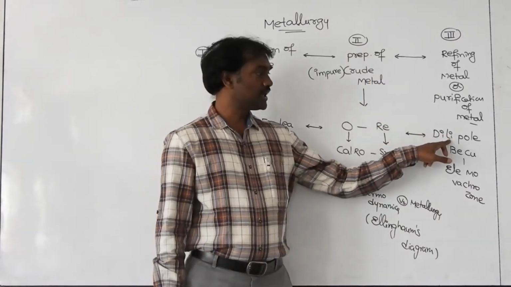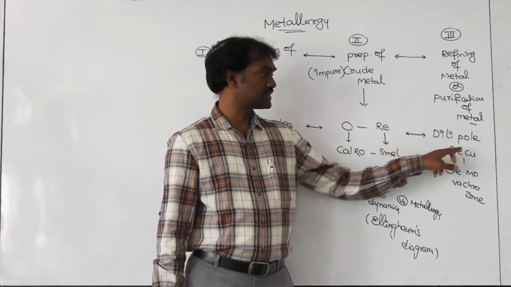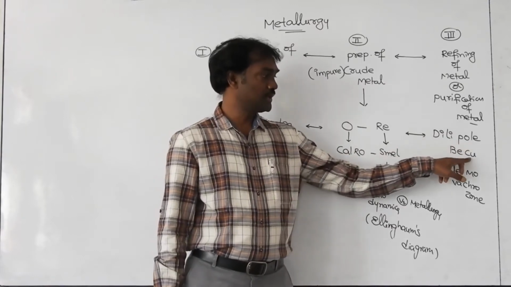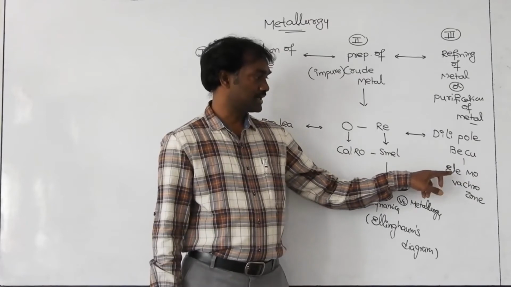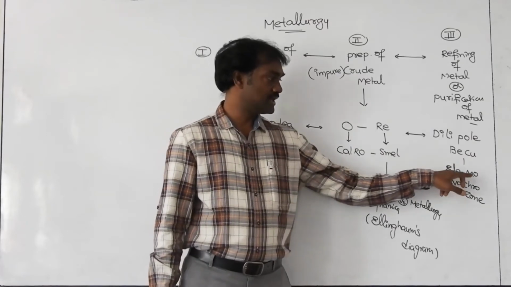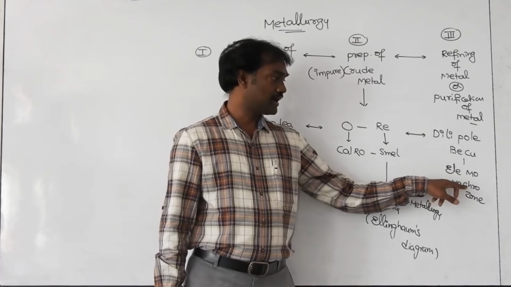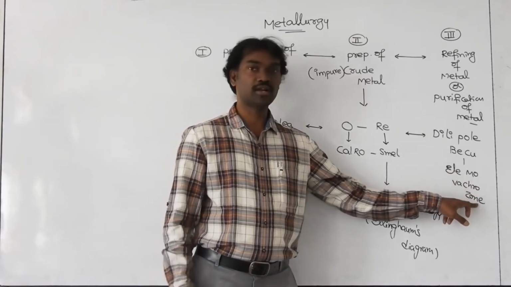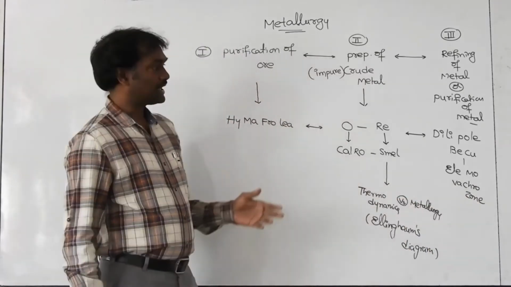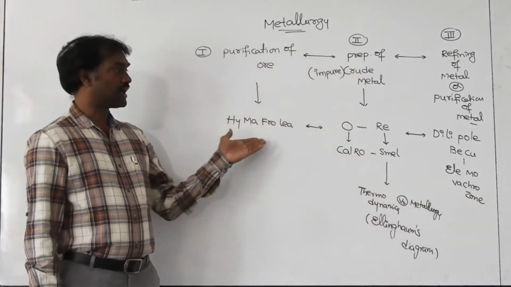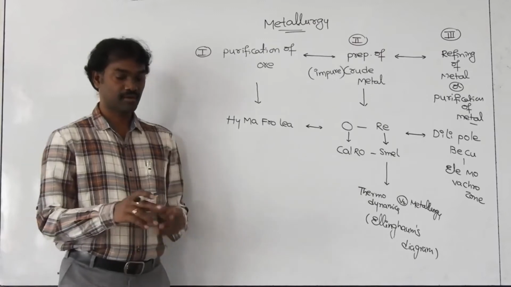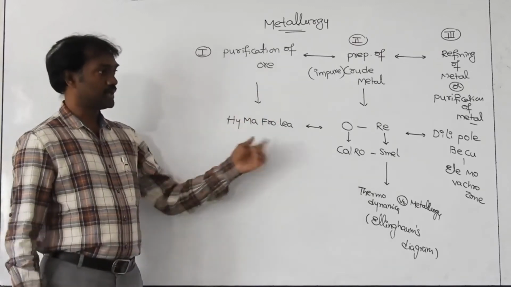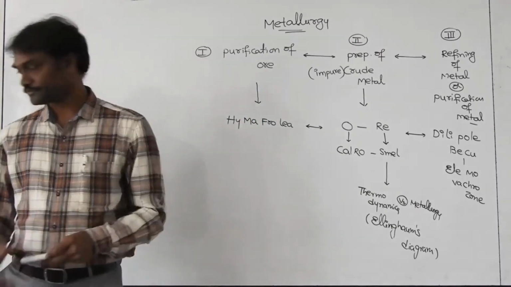Distillation, liquefaction, poling process, Bessemerization, cupellation, electrolysis process, Mond's process, Van Arkel's process, chromatography process, and zone refining. That is the great metallurgy in one line. Okay, so one by one we will discuss now.